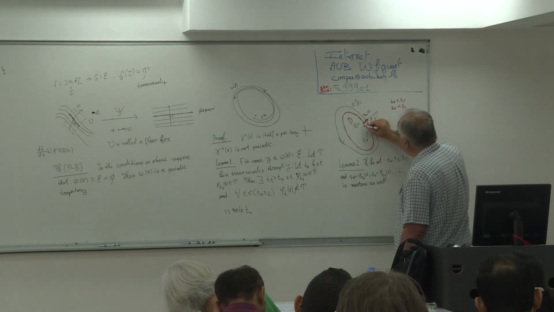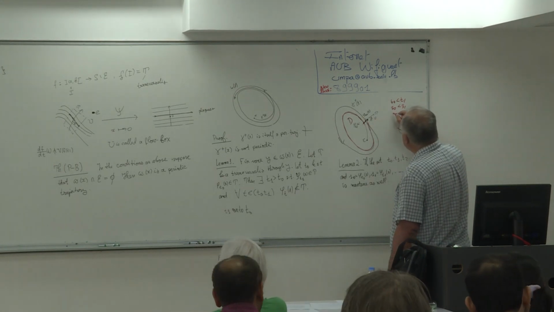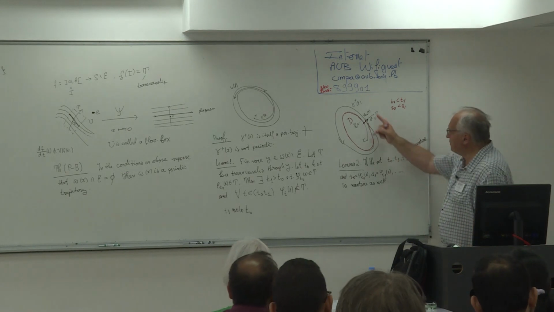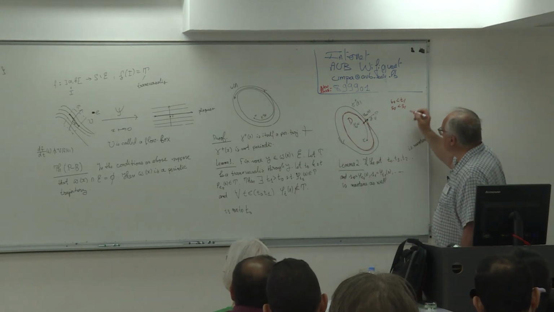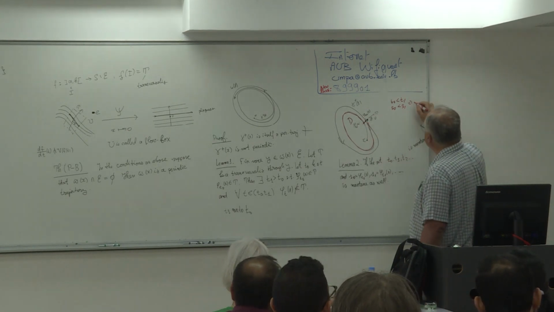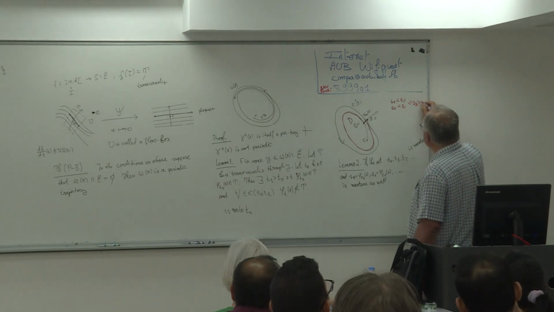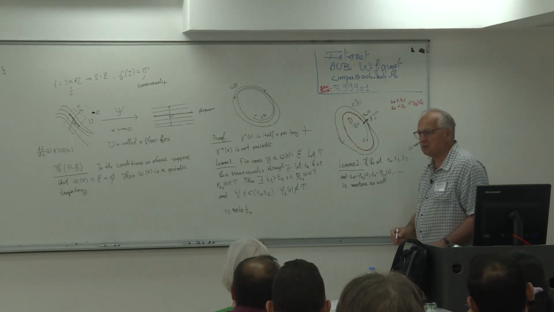This is S0, this is S1. But then you see that you cannot enter here, and then forcibly S2 will be bigger than S1, and so on. And this is the proof.